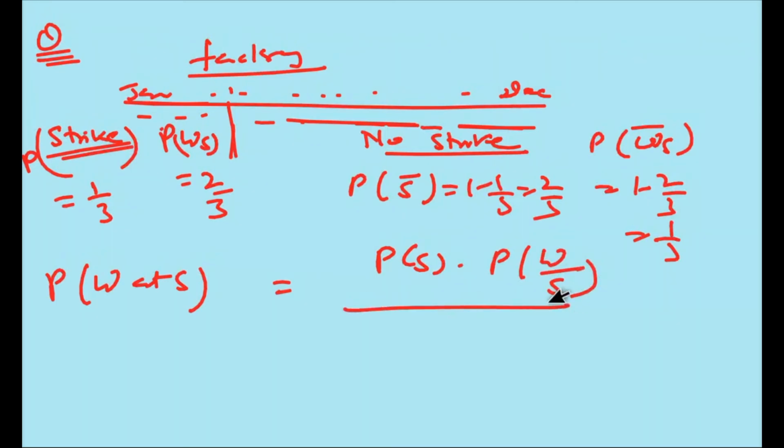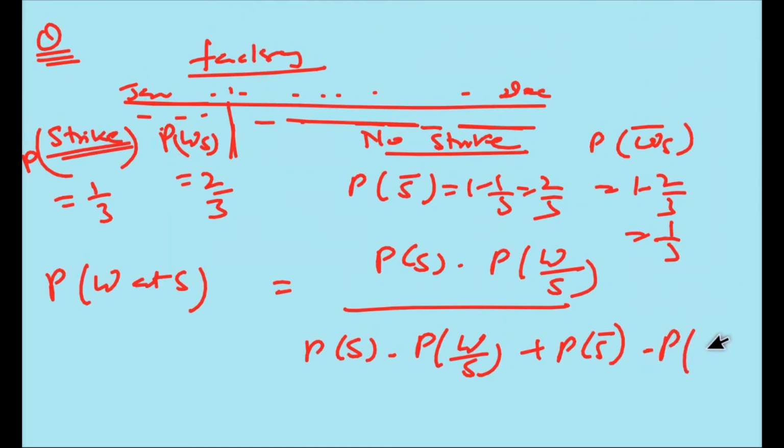Okay, so work appears here two times: when there is a strike, then work is going on, and when the strike is not happening, then work is going on. Okay, students.